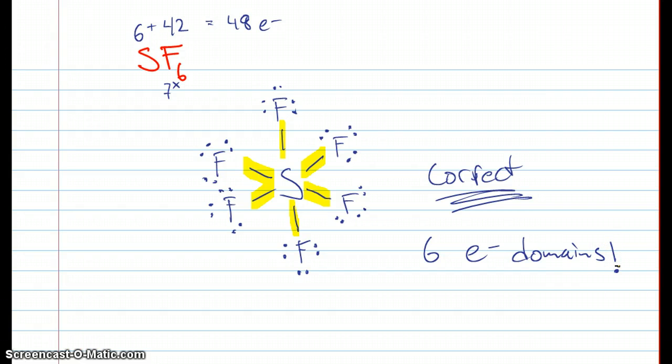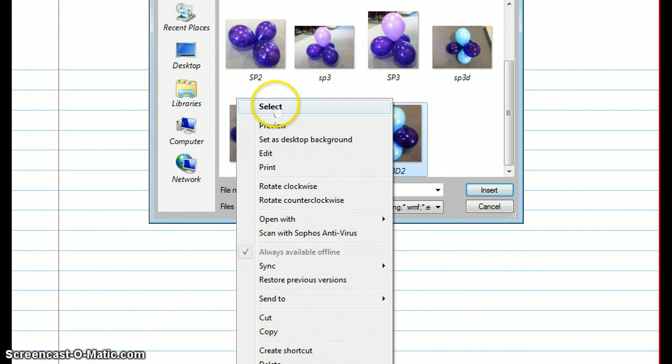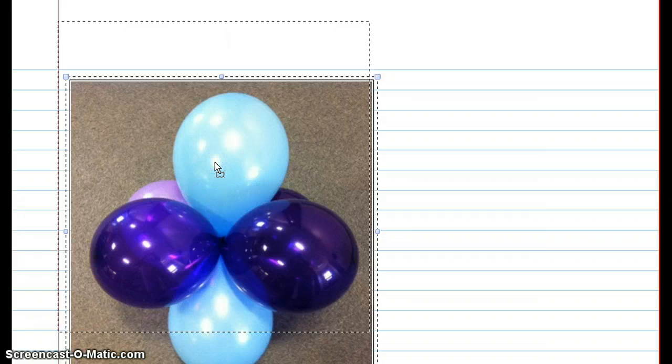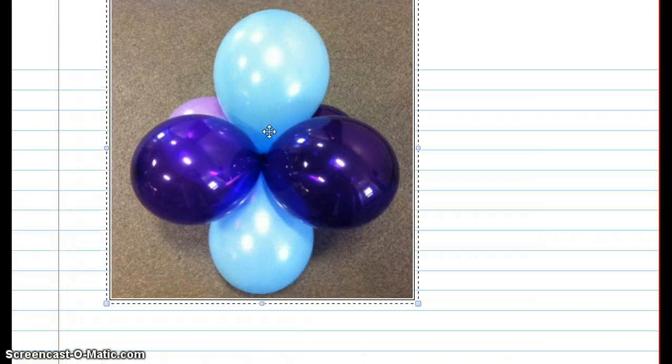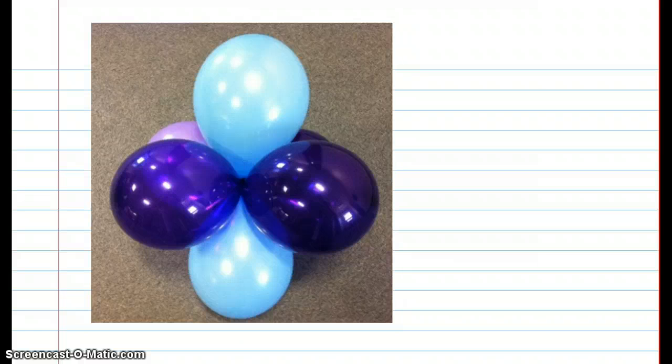And if you recall from the previous lecture on VSEPR theory, when you have 6 electron domains, you get sp3d2 hybridization. There's a picture of it. Our central atom, the sulfur, will be right here.